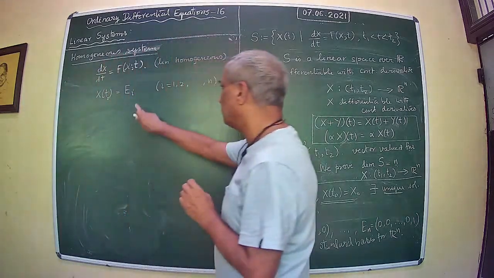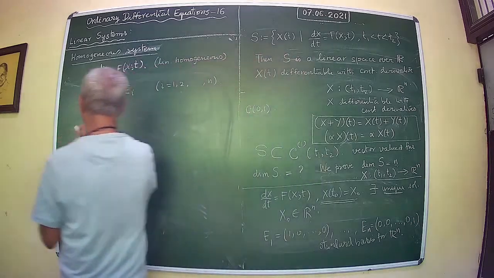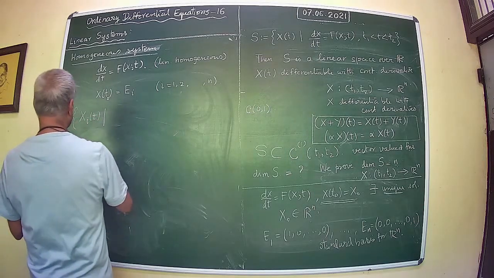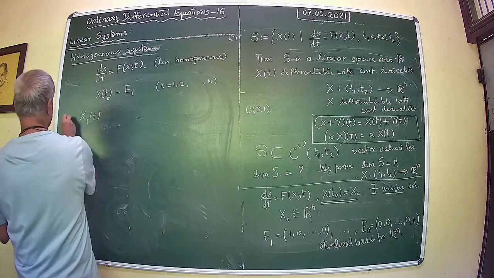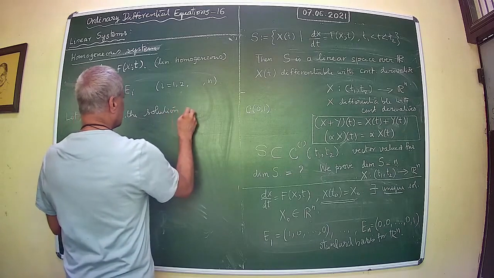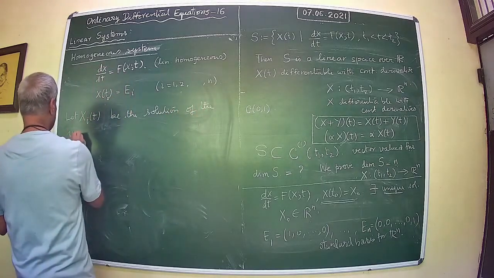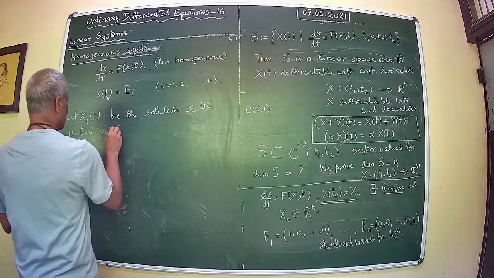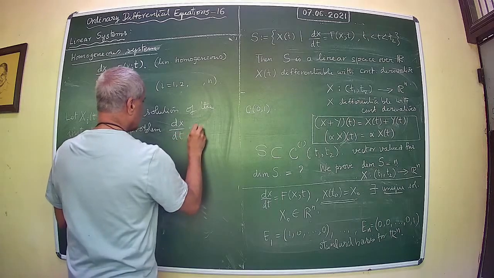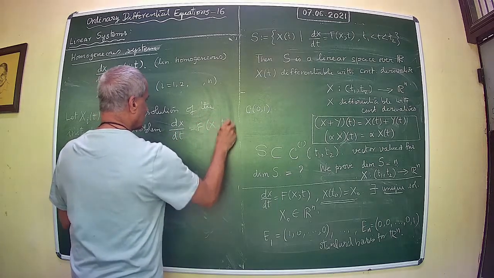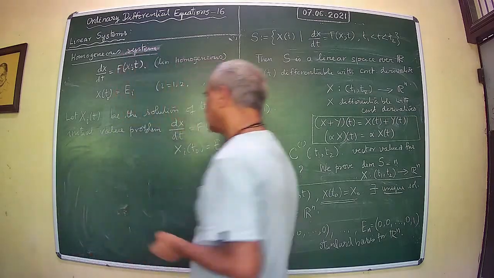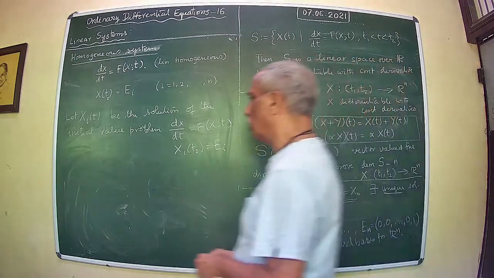You have now, corresponding to each i, a solution, you call that xi(t), with xi(t0) equal to ei. This is for all i equal to 1 to n.